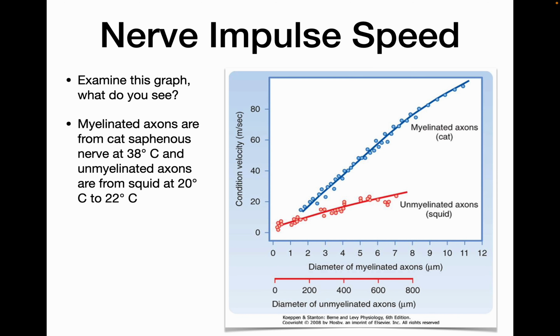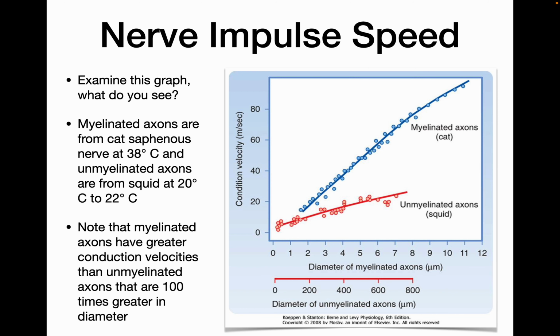And you'll notice here it says the cat axons were from the saphenous nerve and they're at 38 degrees Celsius, so this temperature also corresponds to transport, which is not what you need to know, so it should be kept constant in everything we're talking about for this course. And the unmyelinated axons are from a squid at 20 to 22 degrees Celsius because the squid lives in colder temperatures, evolved for colder temperatures.